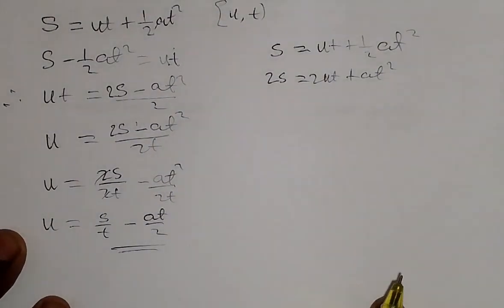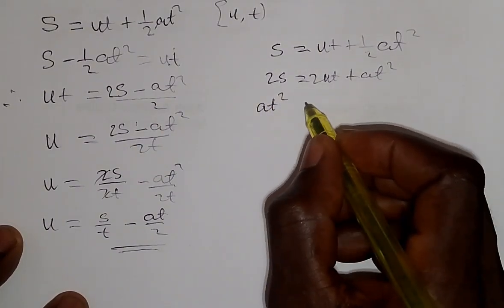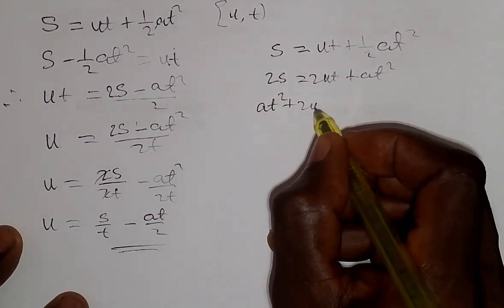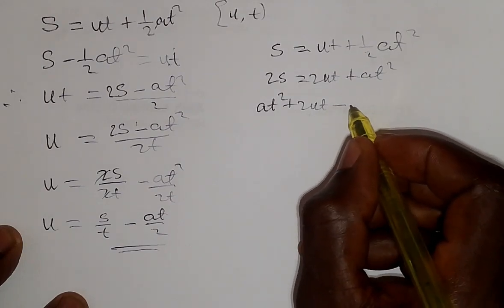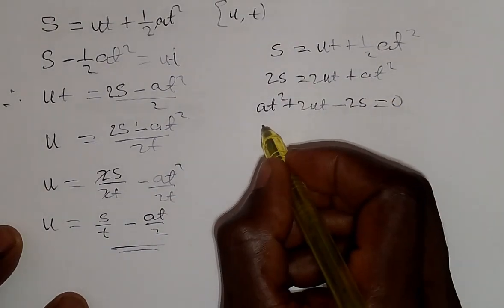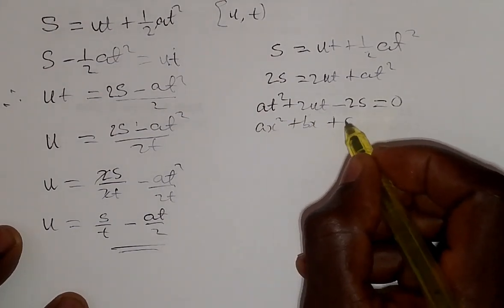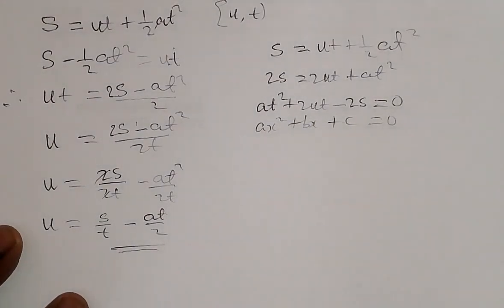So now we will treat this equation like a quadratic function by rewriting it to have at squared plus 2ut minus 2s equals 0, in the form of ax squared plus bx plus c equals 0, the general form of quadratic equation.